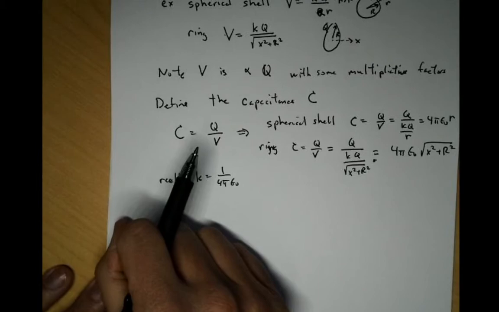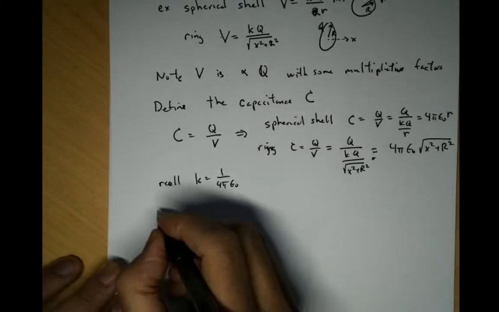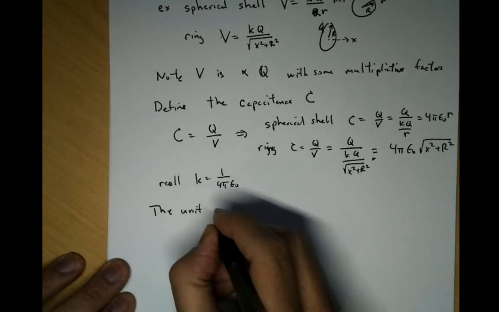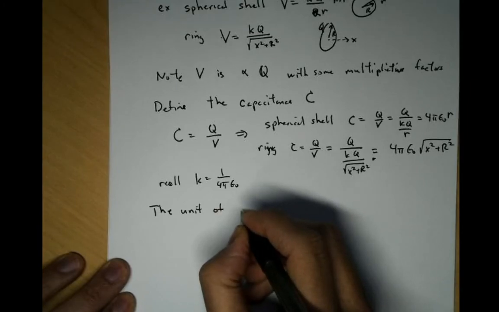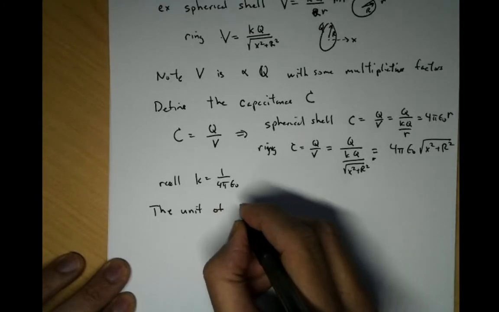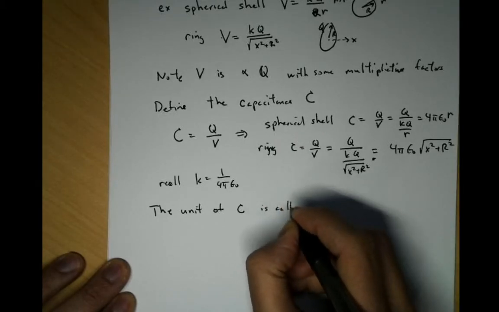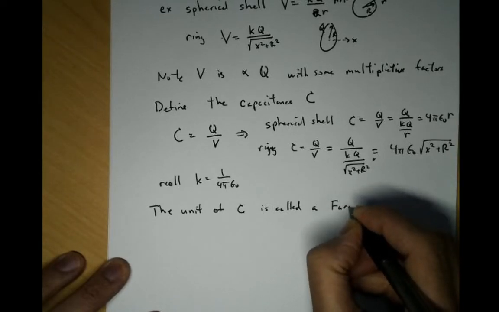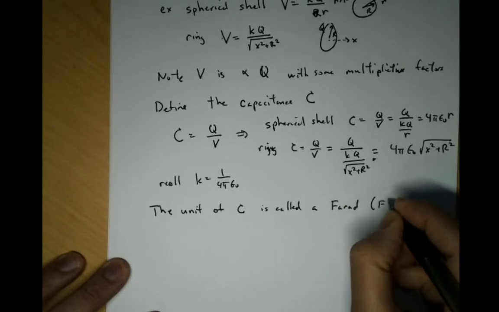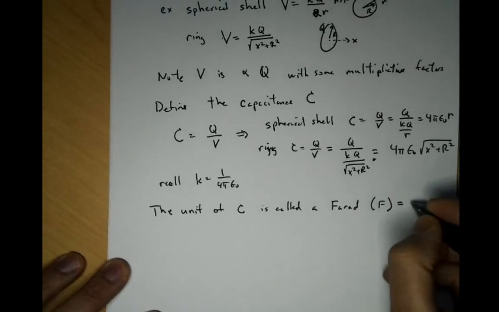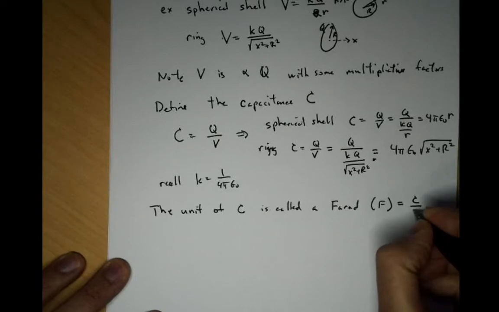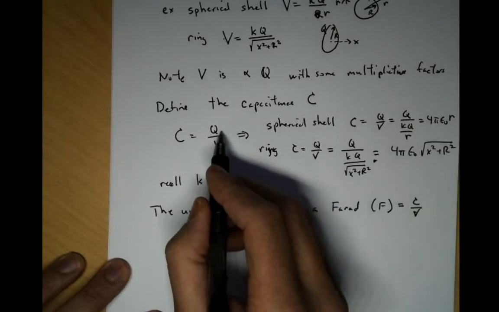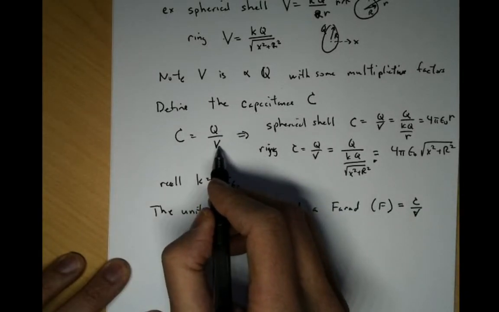Okay, so the unit of C is called a farad, F, which is basically C over V. So you can see right here, this is unit of charge over unit of potential.